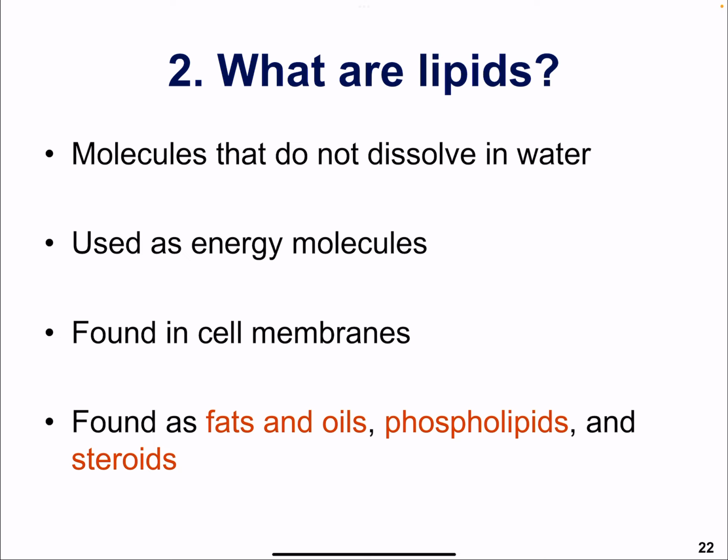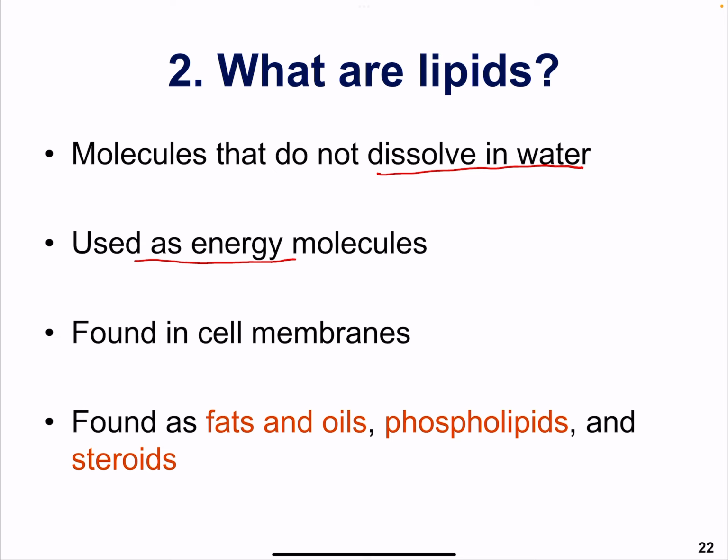One thing that is characteristic of lipids is that they don't mingle with water. They do not dissolve in water. I want you to remember that, while saccharides dissolve in water. Lipids are used as a long-term energy source.